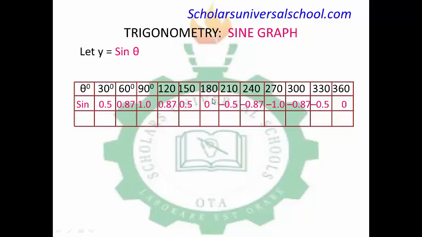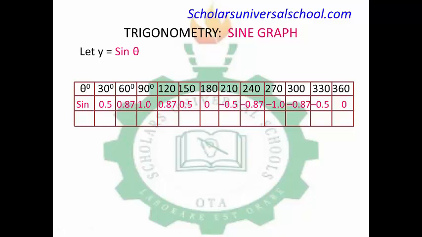Now, after 180 degrees, we get to the third quadrant, and here this value is greater than 180 degrees. So to get the acute form of this 210, we have to subtract 180 degrees from 210, and that gives us 30 degrees.